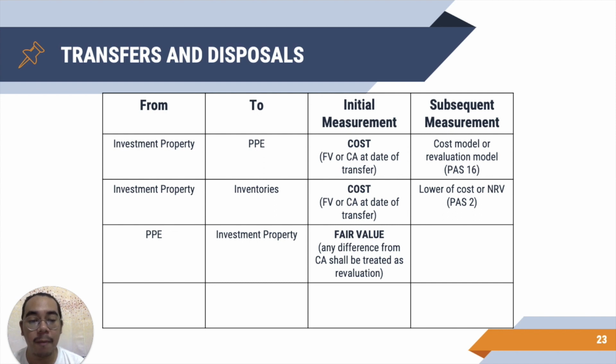Pero pag mas mababa ang fair value, then there is a decrease in value. Saan mo i-debit? Depende. Pag meron kang existing na revaluation surplus, then i-debit mo ang revaluation surplus kung pwedeng i-zero out yung revaluation surplus. Pag wala ka namang revaluation surplus existing, then you debit it in loss. Subsequently, dahil investment property na siya, measure it at cost model or fair value model in accordance with PAS 40.